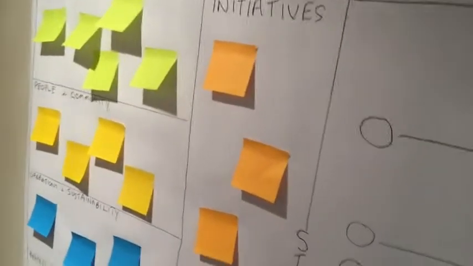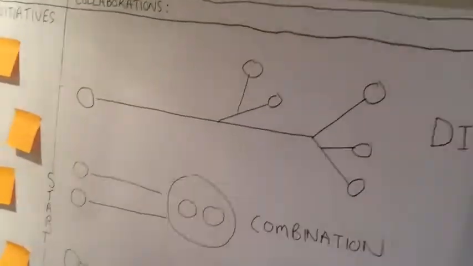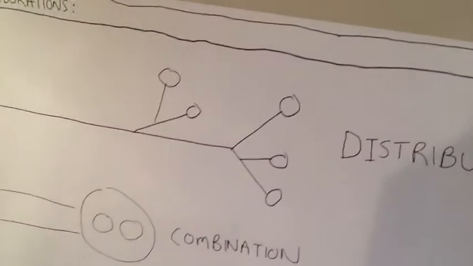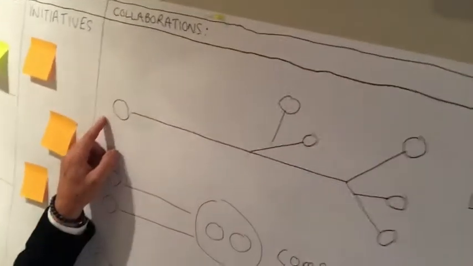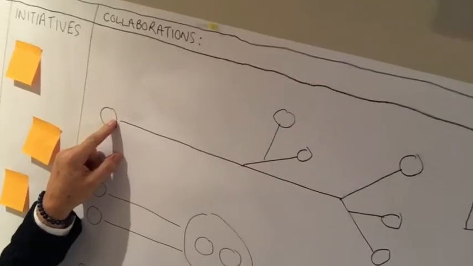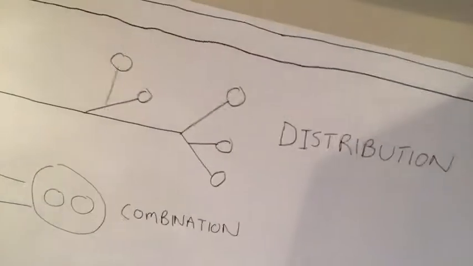And then by collaboration, you might be wondering, what does a collaboration look like? So I've tried to map out a number of different kinds of collaborations. The top one starts with an open education resource or initiative, and the nature of the collaboration is what I'm calling distribution.